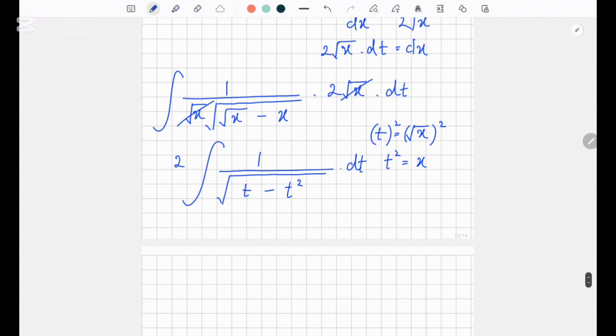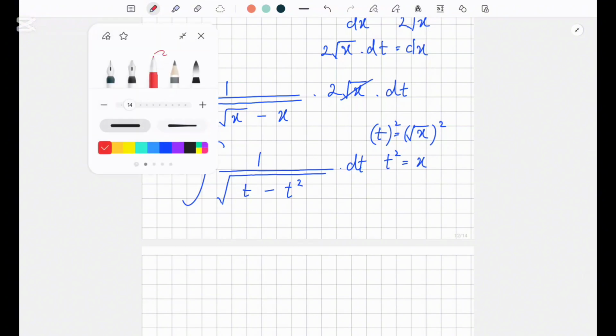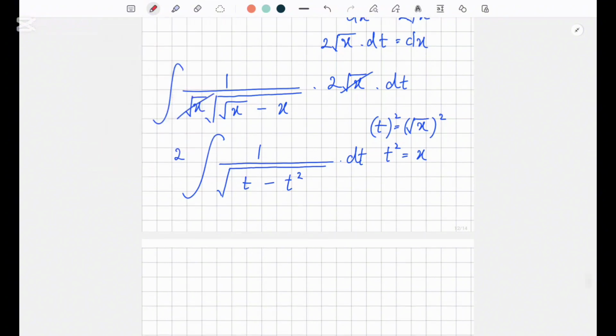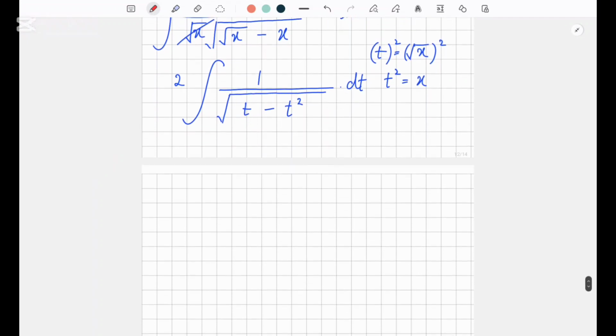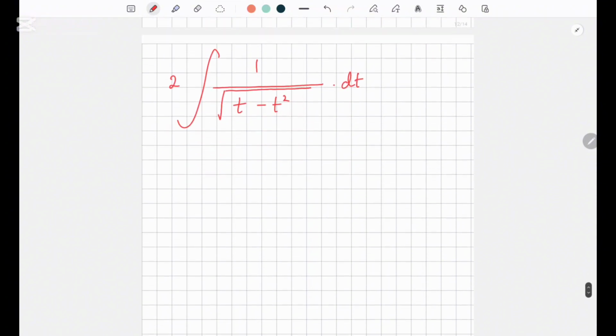Now let me use another color. By the way, this is an old MIT question, not a recent one. I think it's from back in 2020, I'm not sure which year. So 1 over root t minus t squared dt. I'm going to do the same thing again.